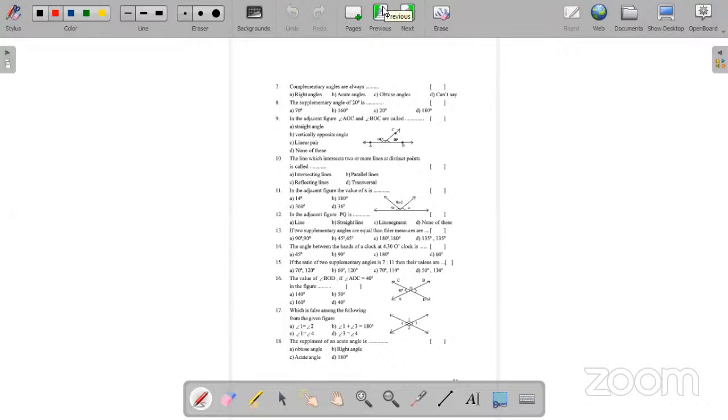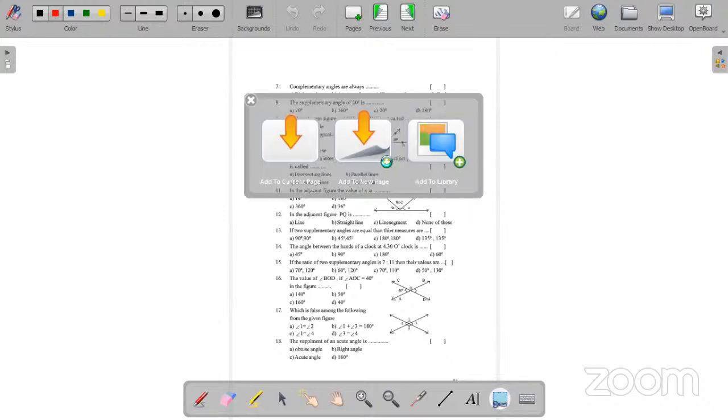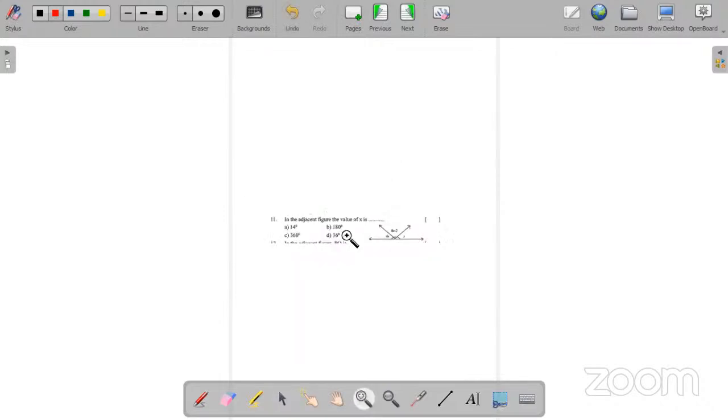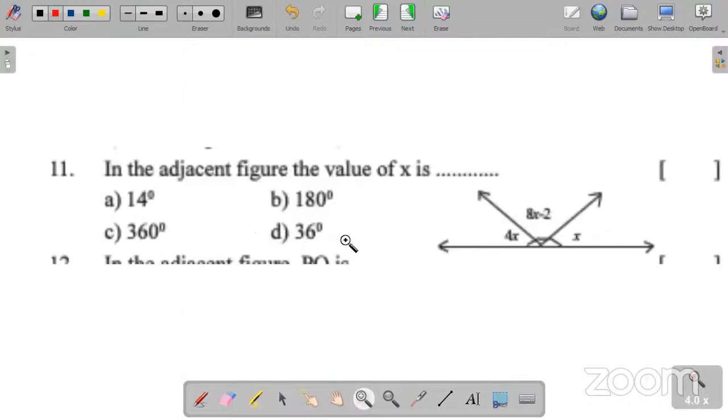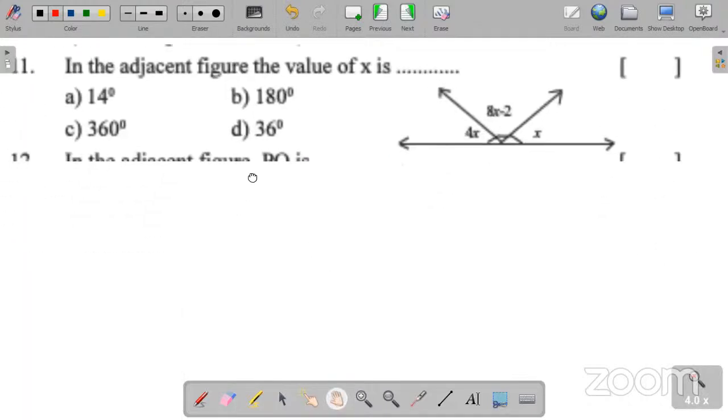So now I'll move to one very important problem. These kinds of problems may be asked in the NMMS examination. This is a figure-based question. Try to solve it. In the adjacent figure, we need to find the value of x.